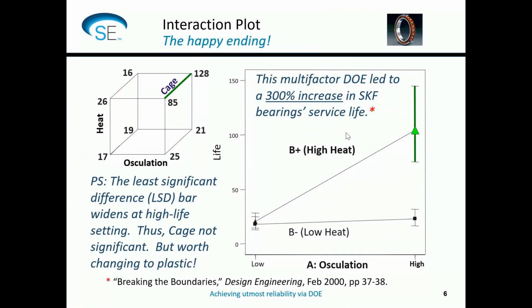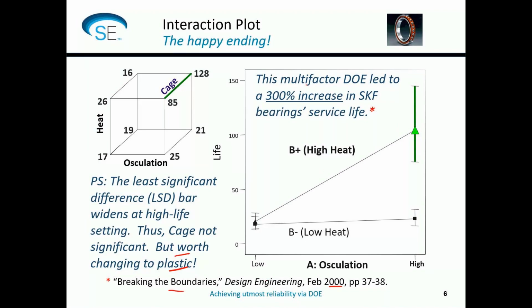This is the kind of happy ending that we show here: although the cage going from the metal to the plastic / elastomer didn't really have a significant advantage, it was well worth it economically to change over. And so this turned out to be a huge success, and it was written up in the year 2000 in a little story called Breaking the Boundaries in Design Engineering.